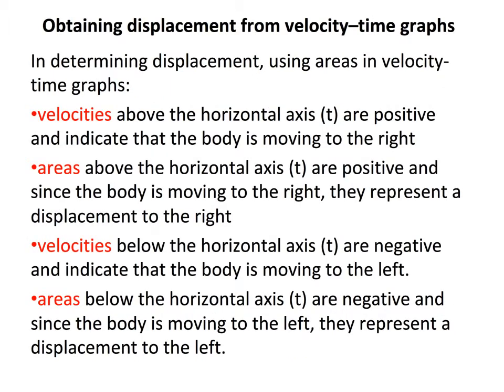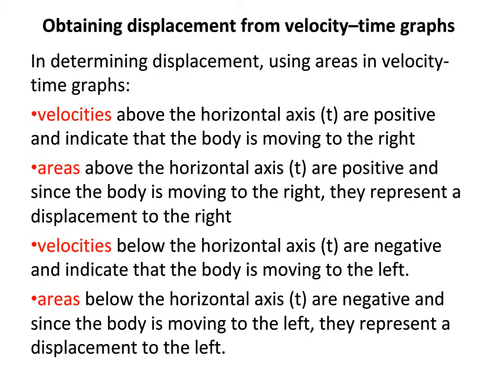As you might expect, the following rules apply. If we want to determine the displacement using areas in a velocity time graph, velocities above the horizontal axis are positive, and they indicate that the body is moving to the right. So areas above the horizontal axis are positive, and since the body is moving to the right, they represent a displacement to the right.